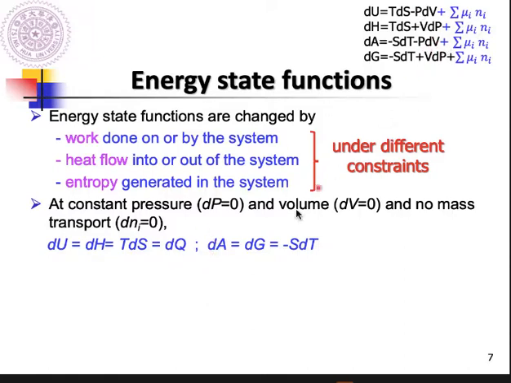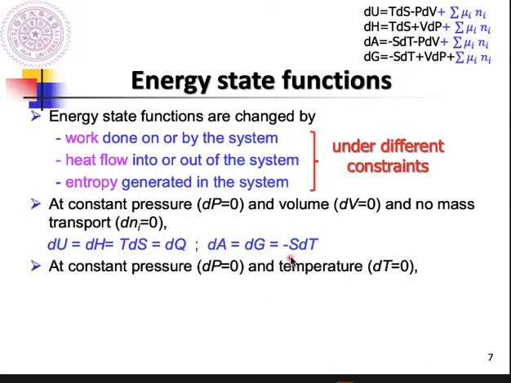And if you fix the volume and pressure, and because there's no mass transport, you can drop all these terms. So dA, the change of Helmholtz free energy, equals dG, the change of Gibbs free energy, and equals minus SdT. Okay, so this is what we get.